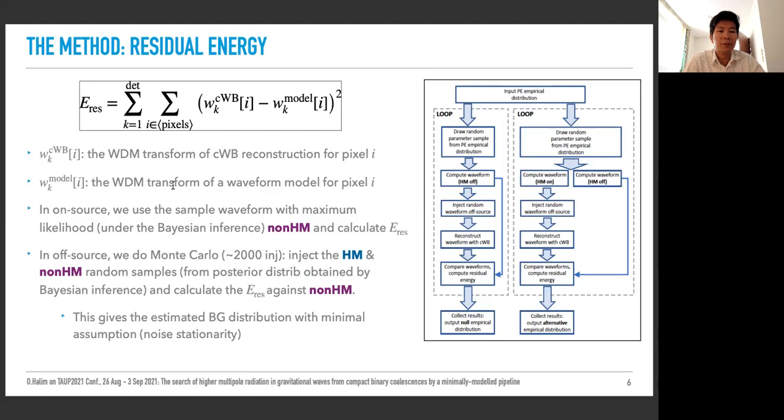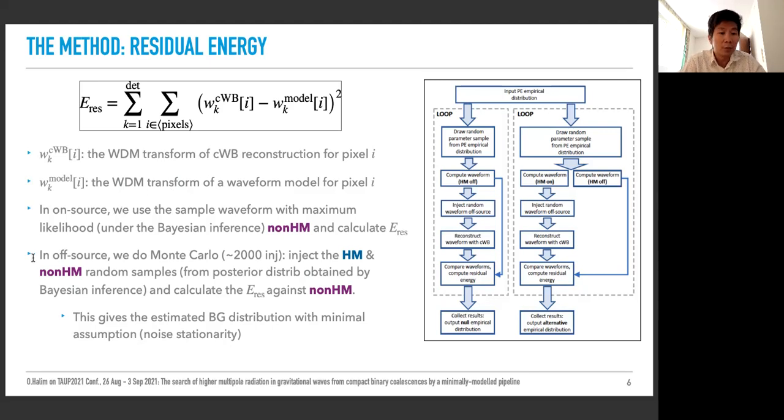In on-source, we use the sample waveform with maximum likelihood under Bayesian inference without higher modes. And then we calculate the residual energy. The idea is that if the cWB reconstruction has a higher mode, and we calculate the residual against the non-higher-mode waveform, we will have a relatively high residual energy compared to the other off-source windows.